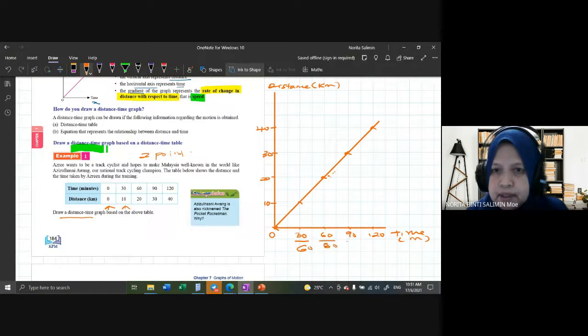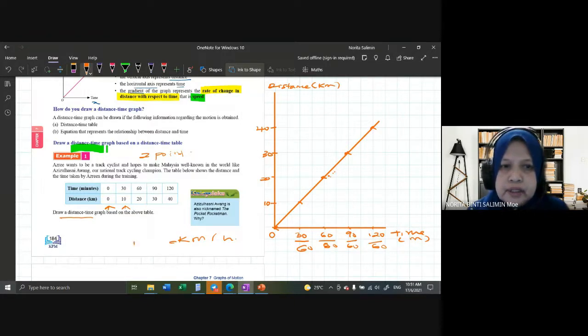The unit for distance is kilometer, and meter per second is also used. Sorry, kilometer stands for distance.